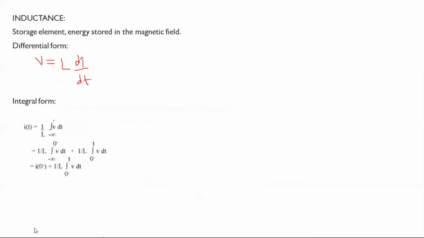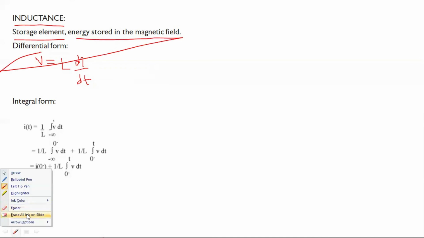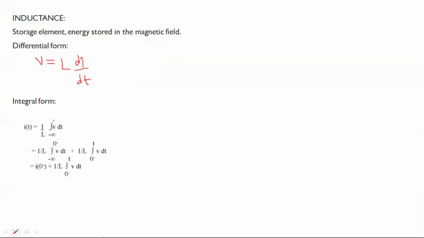Inductance. We'll discuss inductance also. Inductance is a storage element like the capacitor, but the energy is stored in the form of a magnetic field. Differential form: V is equal to L di by dt.